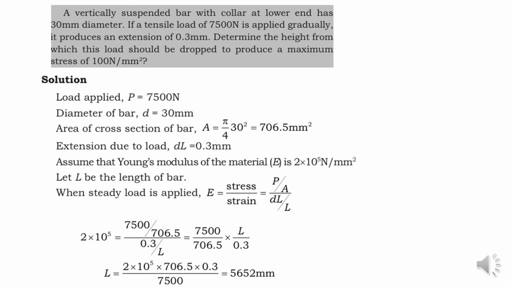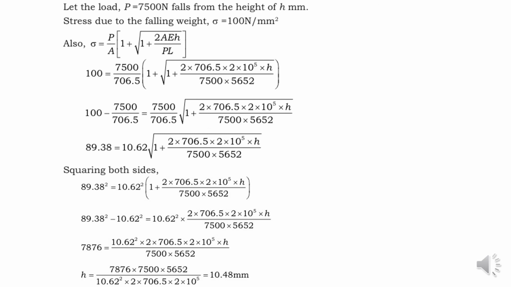Now we have to find out the value of height from which it is to fall. Let the load P equal to 7500 Newton fall from a height h mm. So the stress due to the falling weight is equal to 100 Newton per mm square.